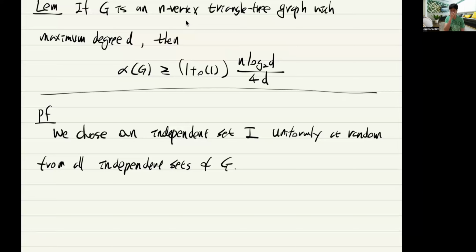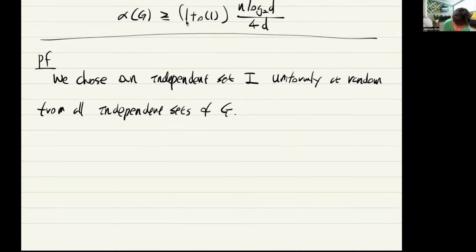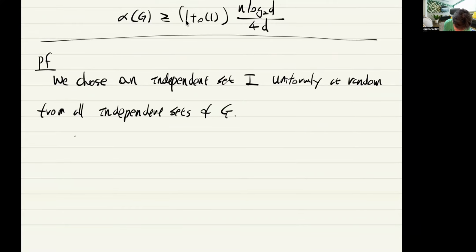So you consider all possible independent sets in G, and then we choose one of them uniformly at random. You can simply imagine that we will count all the independent sets, because probability is the same as just counting here with this distribution. Anyway, and then what we will do is that we will compute the expected size of this.